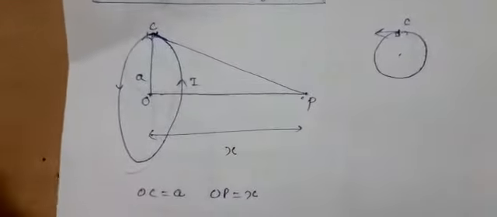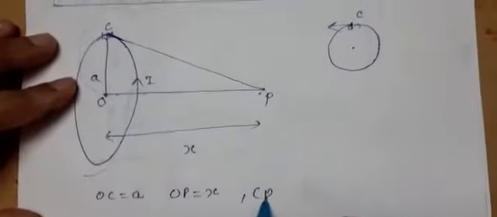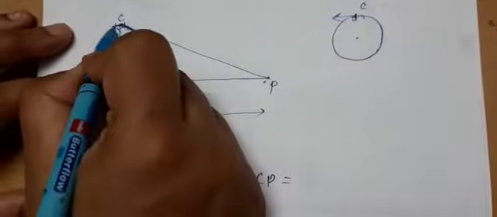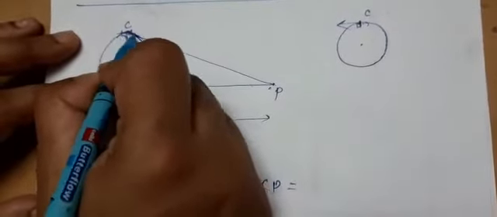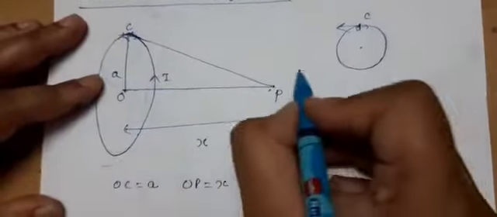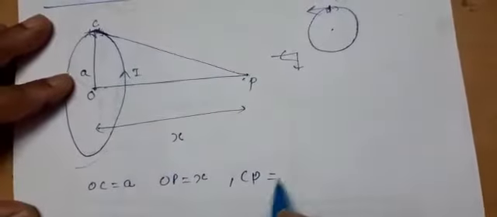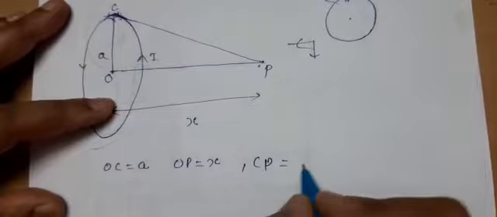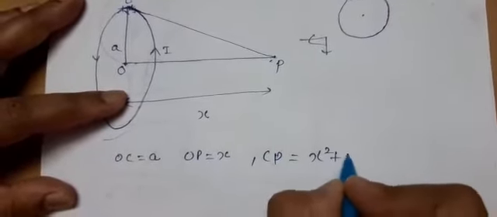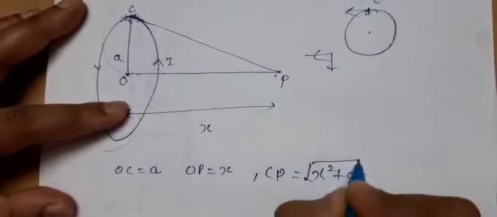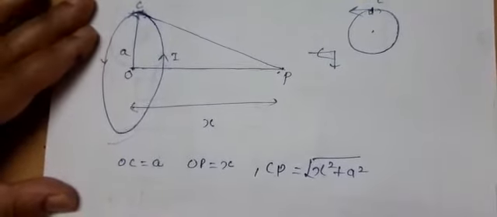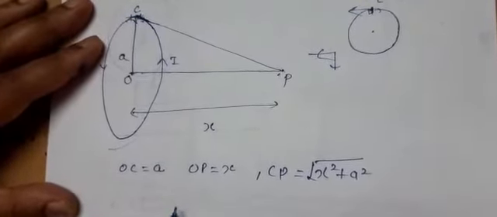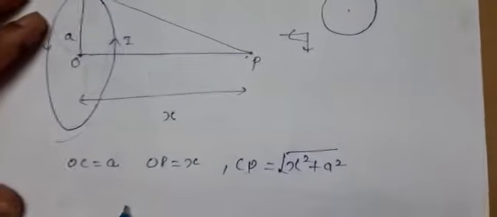So this angle is 90 degrees, and this is a right-angle triangle. By applying the Pythagoras theorem, CP comes out to be the square root of x squared plus a squared. I have already explained this concept in electrostatics, so you will not face any problem here.